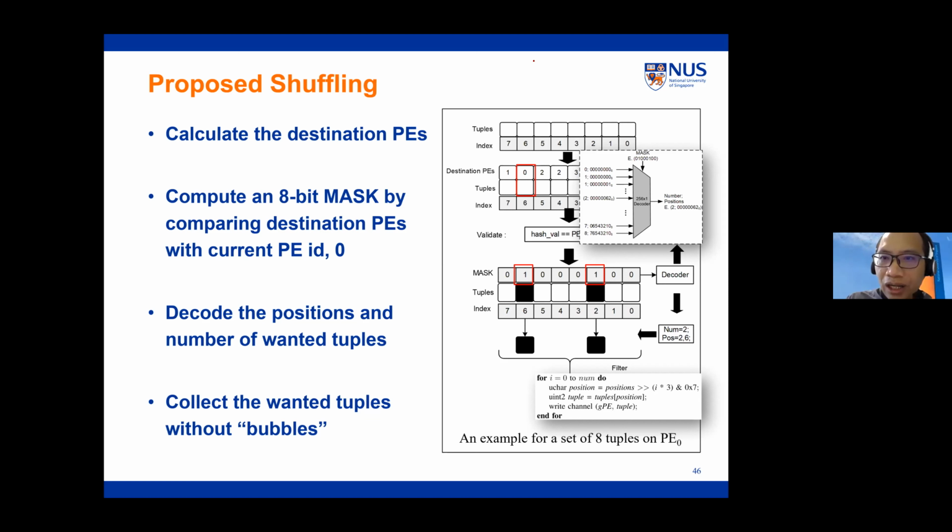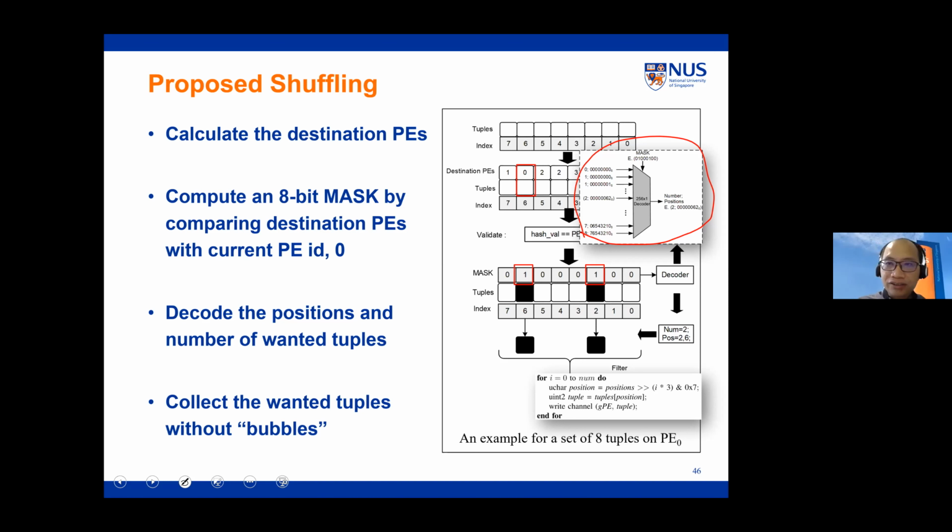We have a decoder for each of the consumers. So just now it was a PE, and then we have a copy of this decoder.